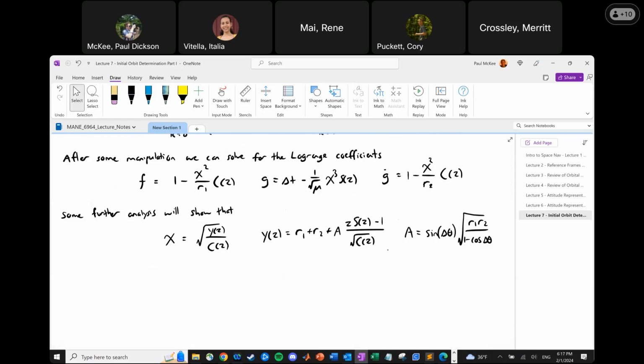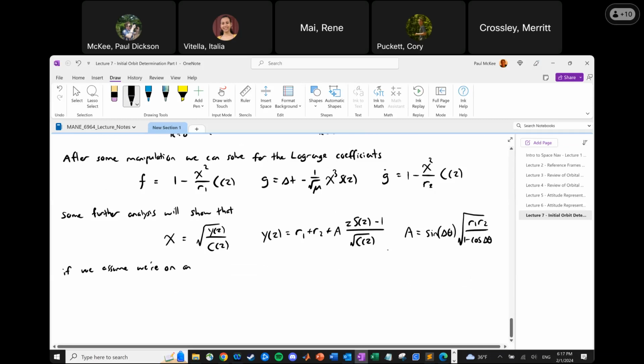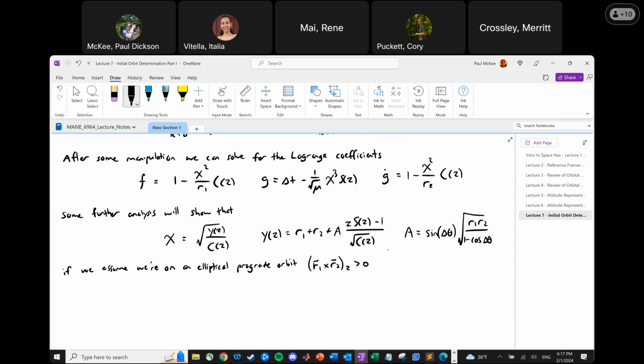If we assume that we are on an elliptical prograde orbit, prograde meaning that if you take R1 cross R2 and take the z component, it's positive. Or another way of saying that the normal vector is more aligned with the global positive z direction than the negative z direction. So we're in a counterclockwise orbit.